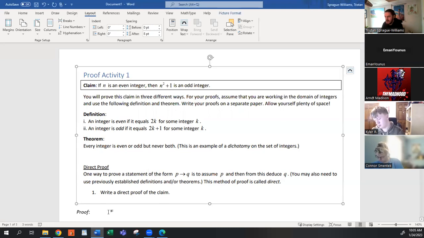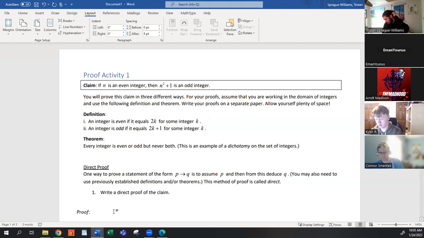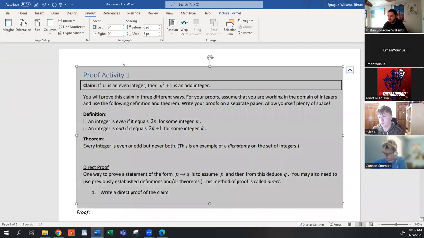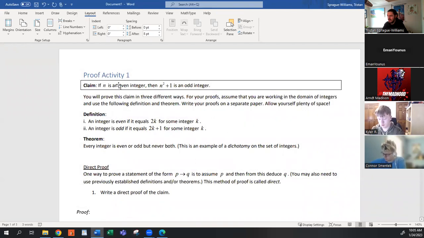So here's how we can begin our proof. If it's a direct proof, we begin by assuming the hypothesis of the P implies Q statement. So looking up here, if this is P implies Q, P is n is an even integer.